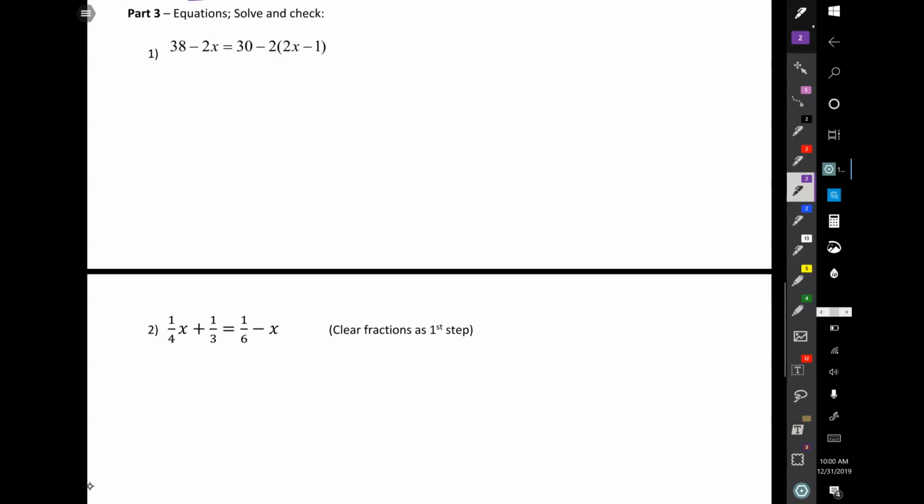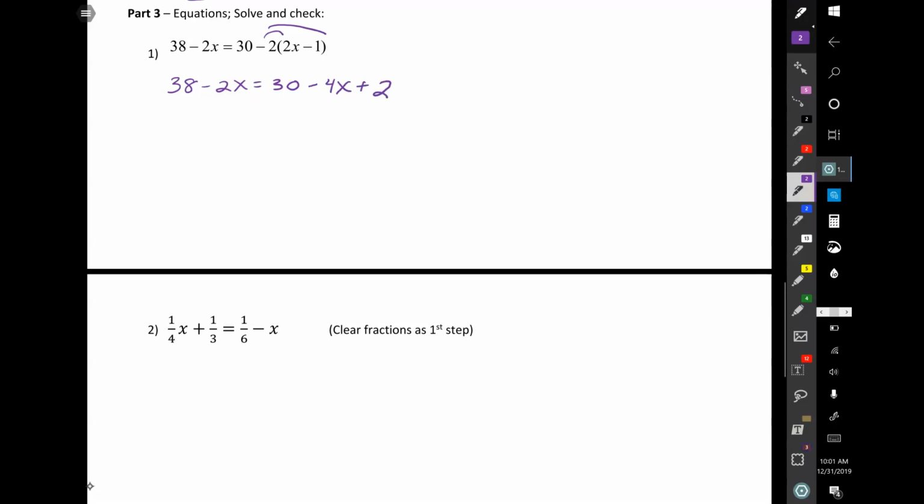The left-hand side is already simplified, but the right-hand side I need to distribute. So I'll have 38 minus 2x equals 30 minus 4x plus 2.